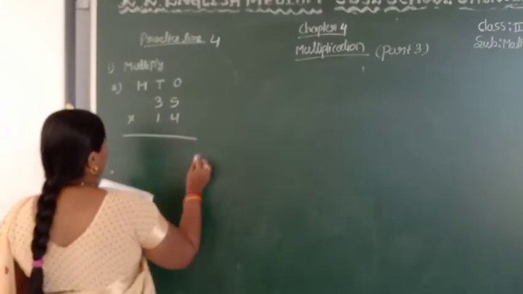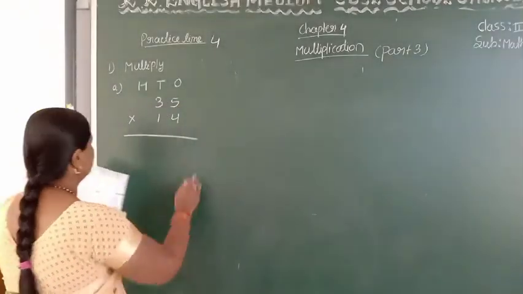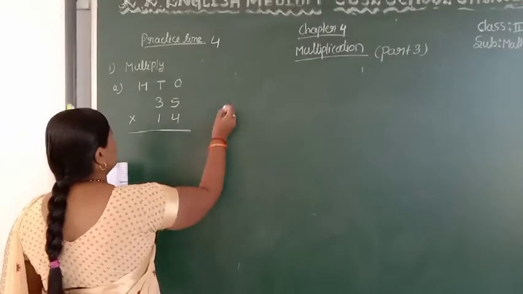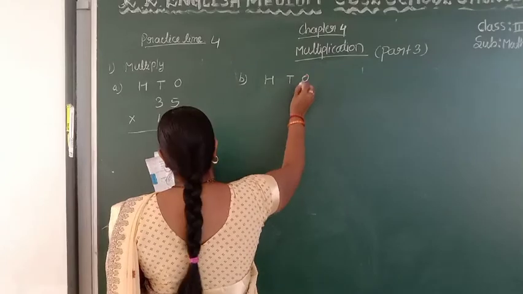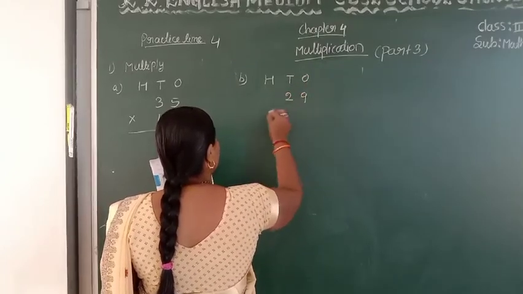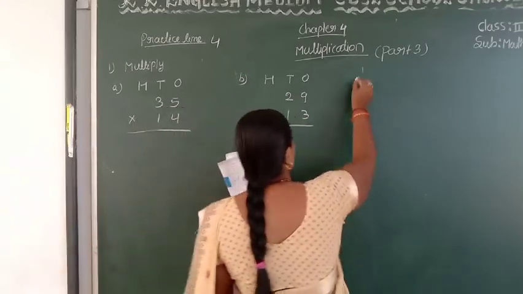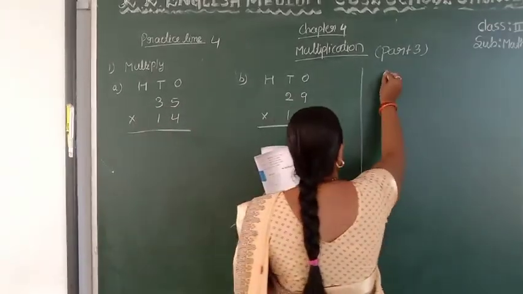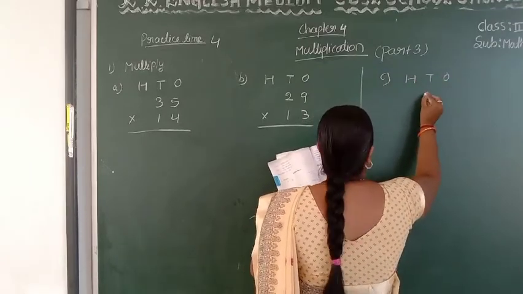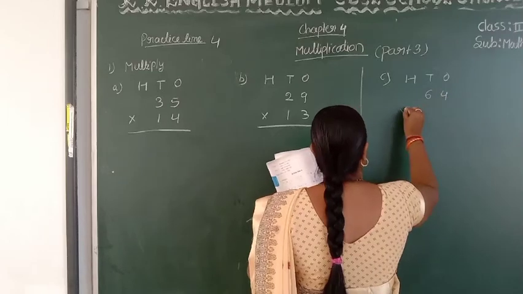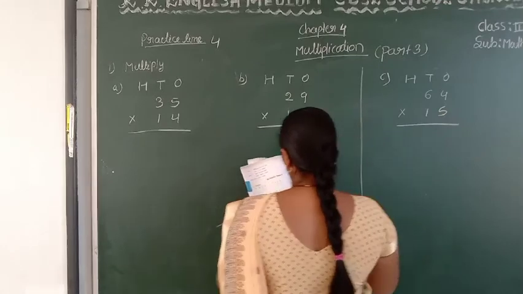Okay, I will not be putting that box, I will solve directly. B: 29 into 13. Next C: 64 into 15.